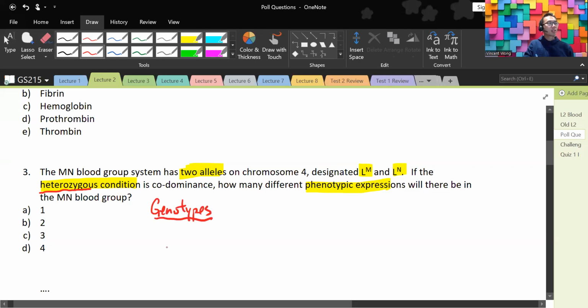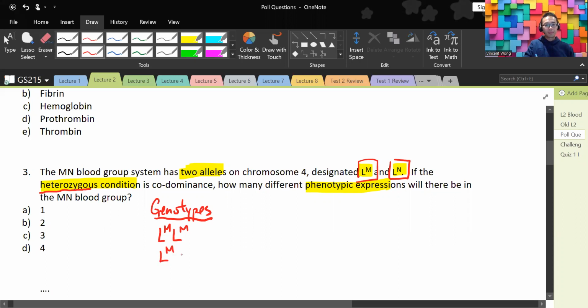What are the possible genotypes here? Just help me out here. Anyone? IA. But these are the alleles though, right? I understand you're trying to give me the ABO, but this is a different blood group. So LM LM, double M, yeah. What's another one?